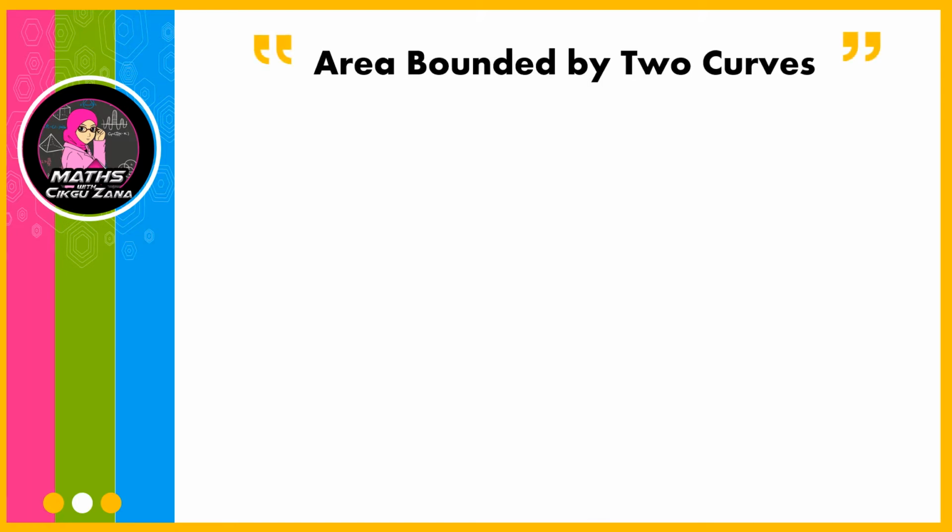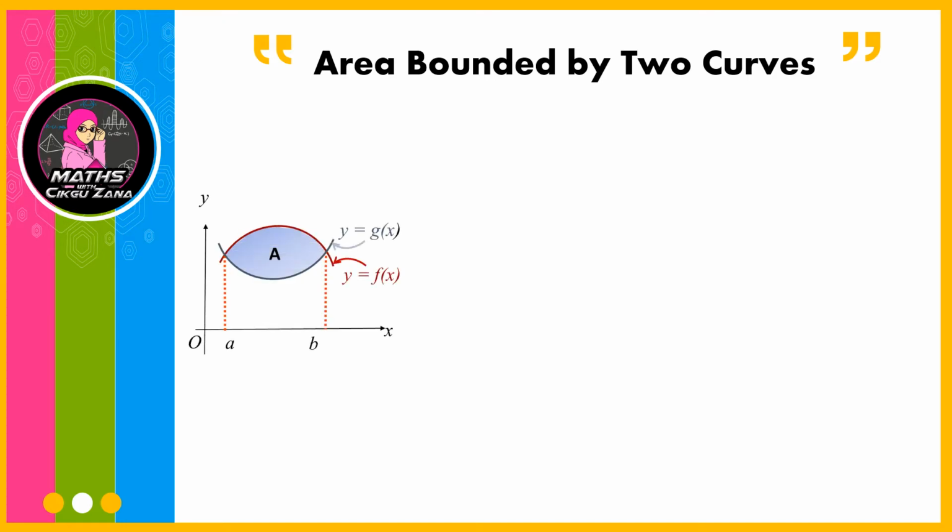Let's look at how we can find the area of a region bounded by two curves using integration. In the diagram, the curves y equal f of x and y equal g of x intersect at x equal a and x equal b.